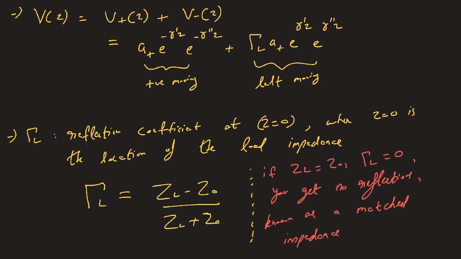And I said that you can actually draw parallels between impedance matching and this reflection coefficient here. You can draw very strong parallels between the reflection coefficient here and the reflection coefficients for electric and magnetic fields, which we derived when we did the Fresnel equations.